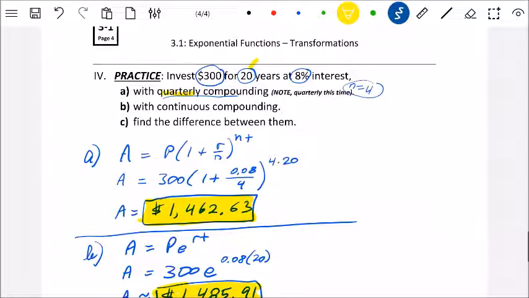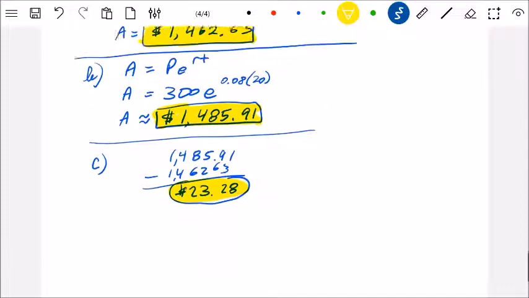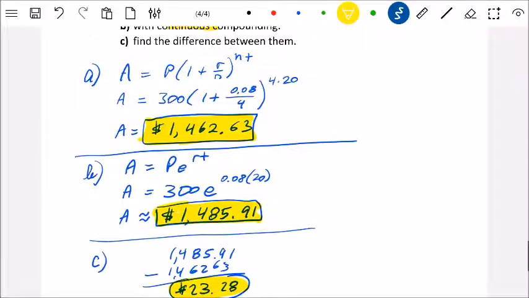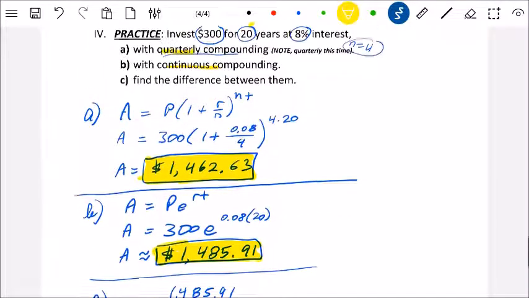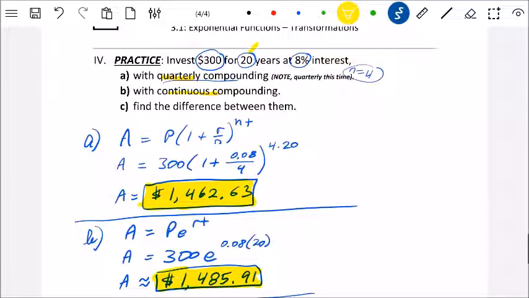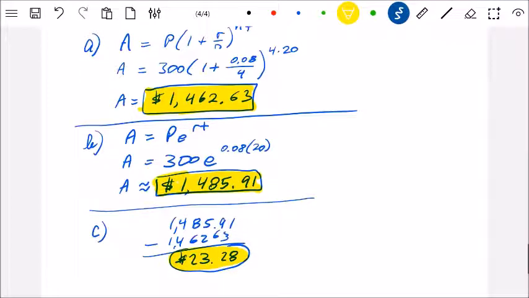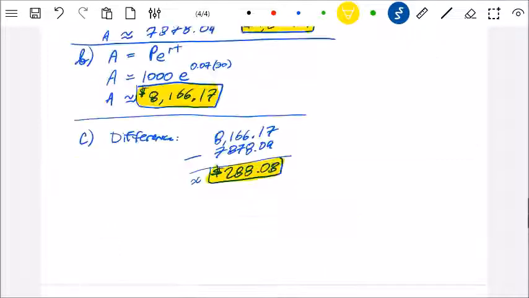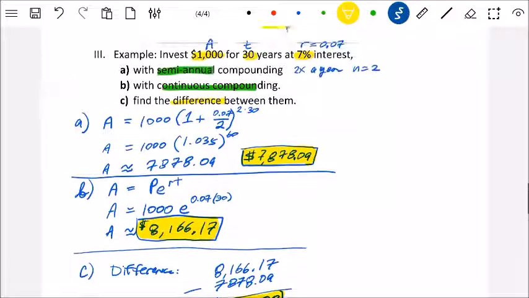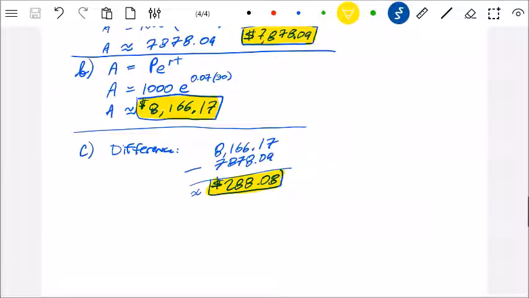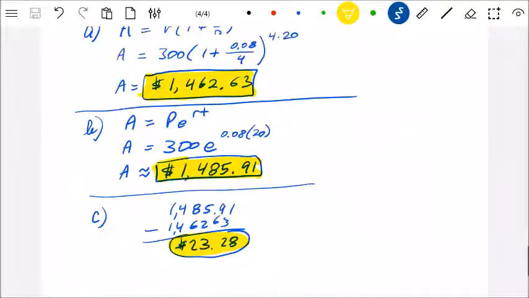So quarterly compounding, continuously compounding doesn't give you a huge difference, but overall it still gives you interest, if you didn't do any compounding, for sure. I suppose we would have had just $300. So these are still large, good increases, but might as well do continuous compounding, especially if you look up here. Look at how much difference it makes to have 30 years instead of 20 years. If it was 8%, it would be an even bigger difference.